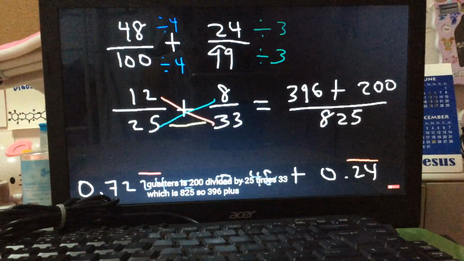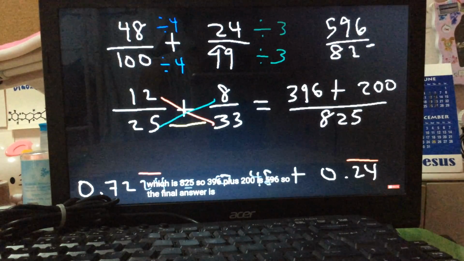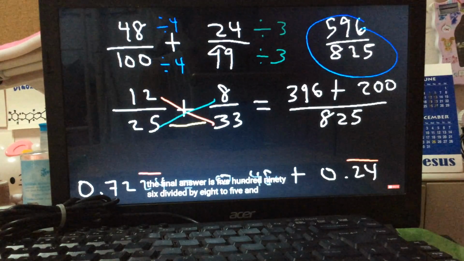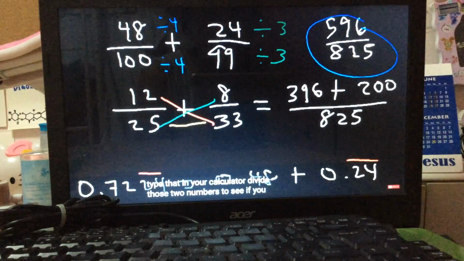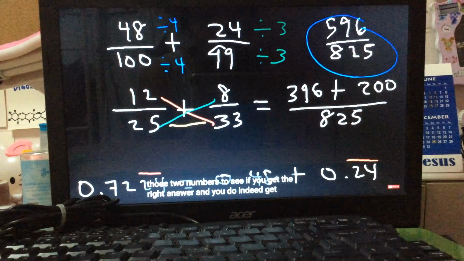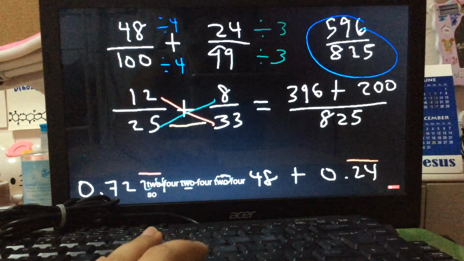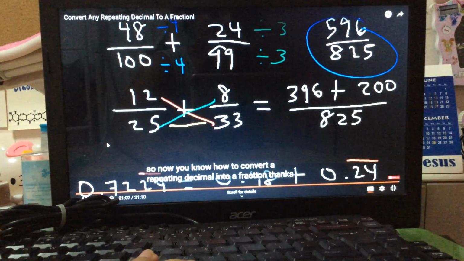So 396 plus 200 is 596. So the final answer is 596 divided by 825. And you can type that in your calculator, divide those two numbers to see if you get the right answer. And you do indeed get 0.72242424. So now you know how to convert a repeating decimal into a fraction. Thanks for watching.